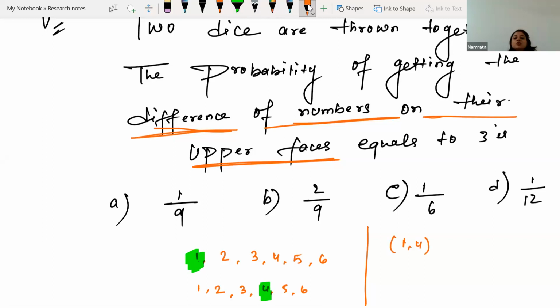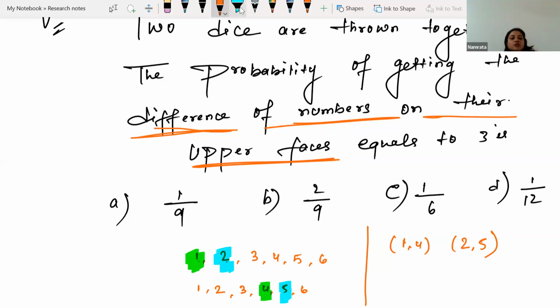Now if we are getting 2 on the first die, then the second one must be having 5. Then only the difference will be 3, right? So 2 with 5.